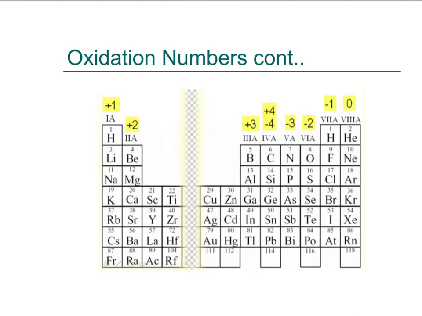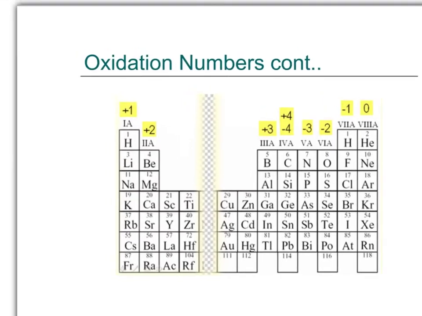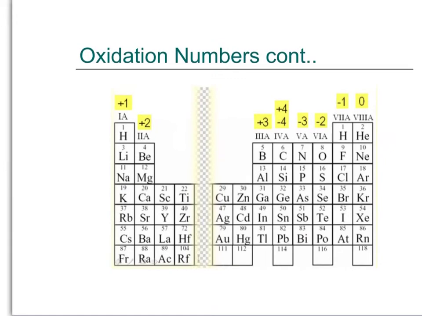So here on your periodic table, if you have your periodic table with you while you're taking these notes, make sure to draw this on your periodic table. The pluses and the minuses here at the top indicate for that group what their oxidation number is. So all the ones in the first group have a +1 oxidation number. All the ones in the second group have a +2.